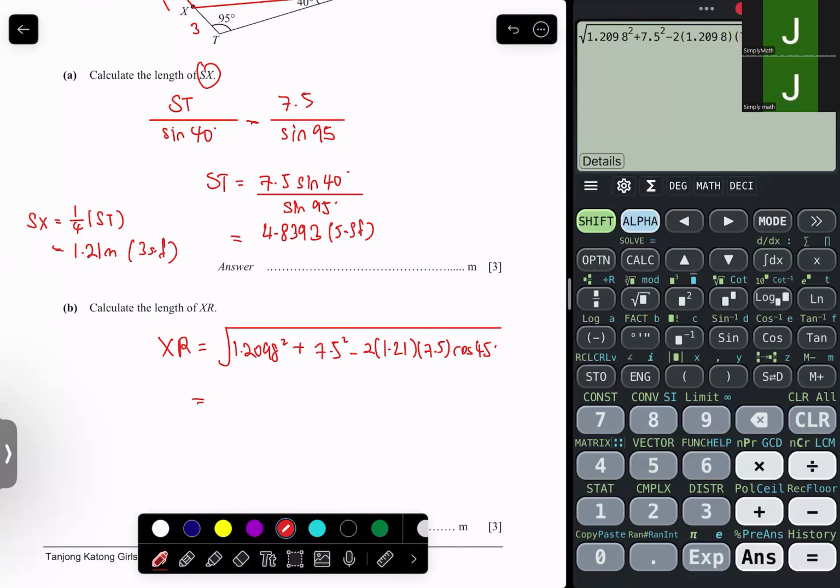So we get 6.6993, 5 significant figures, and then we round off to 3 significant figures, 6.70.